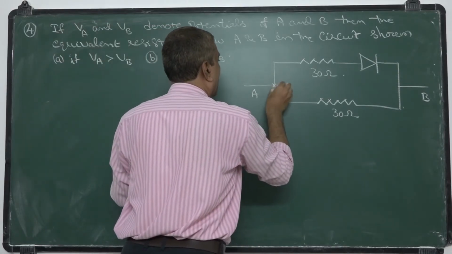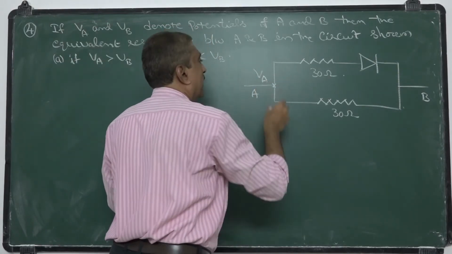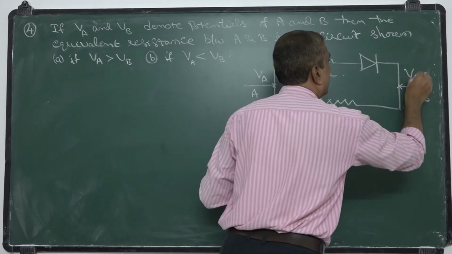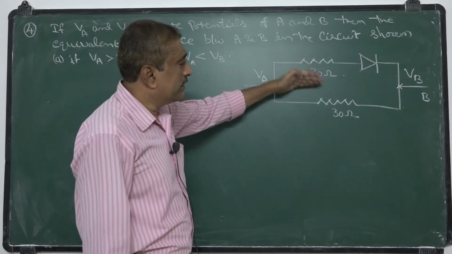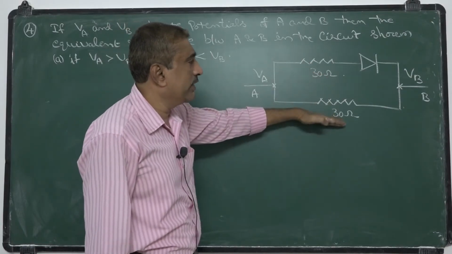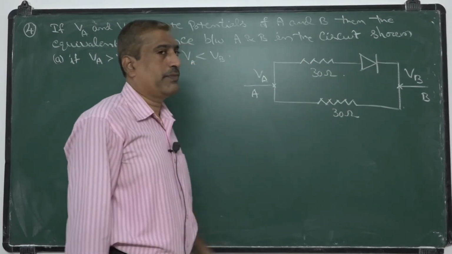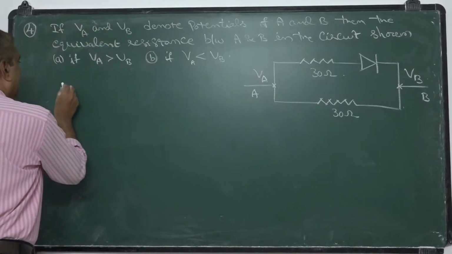That means potential at this point is VA and potential at this point is VB. This is given. And it is given that these two resistances are of 30 ohm each, and here is a diode. Now consider the first case.